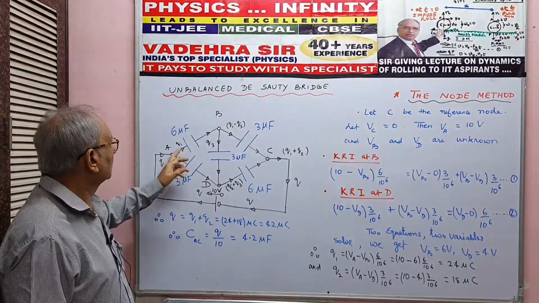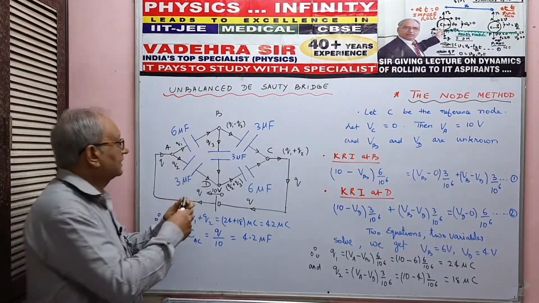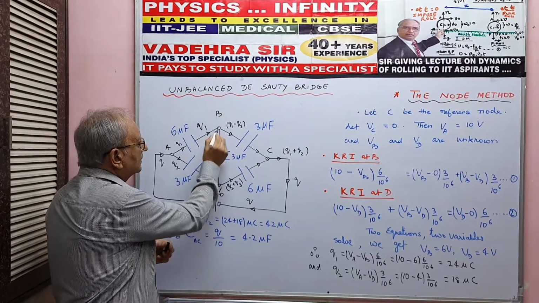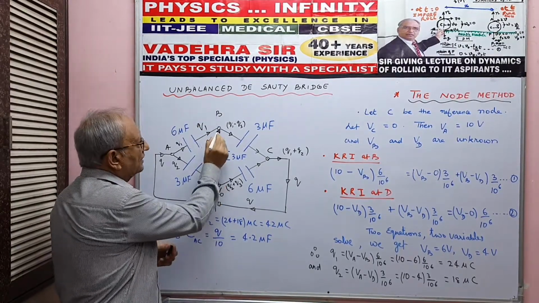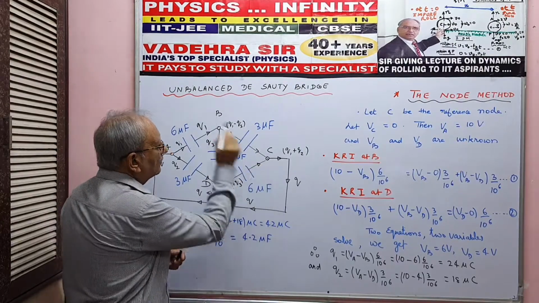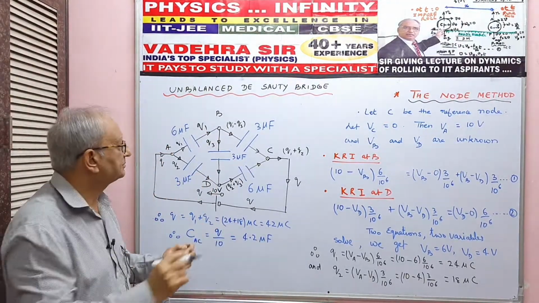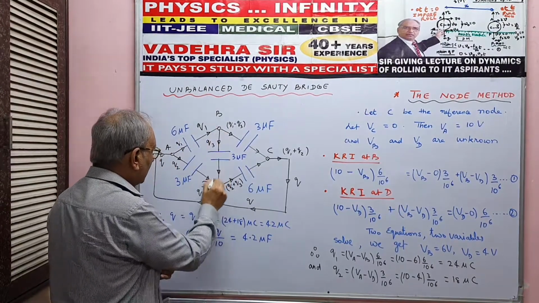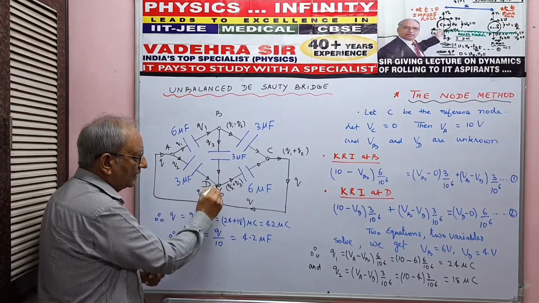Then Q1 comes here, so this is Q1. Again at the node, let Q3 go in this branch and Q1 minus Q3 will go in this branch. Fine. So Q1 minus Q3 comes here, Q3 comes from here, Q2 comes from here, they join together.